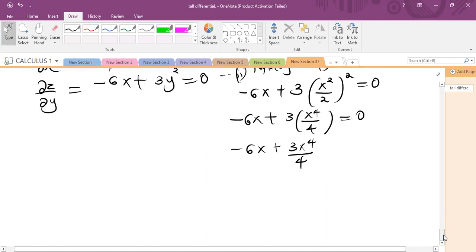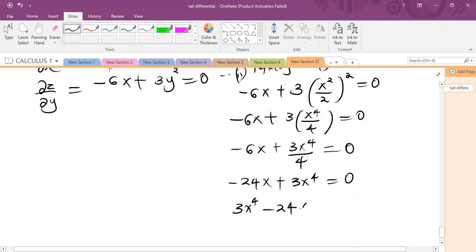Rearranging, this is equal to 0. I can decide to multiply by 4 all throughout. So I will have minus 24x plus 3x to the power 4 is equal to 0. This is the same as 3x raised to power 4 minus 24x is equal to 0.